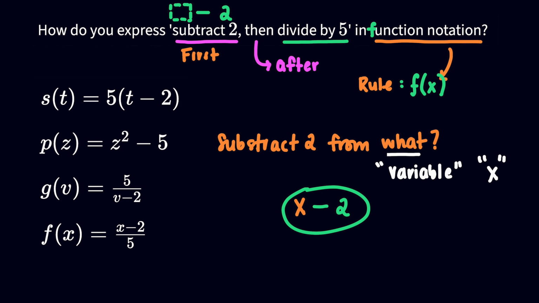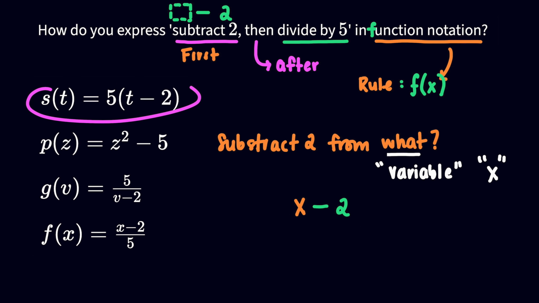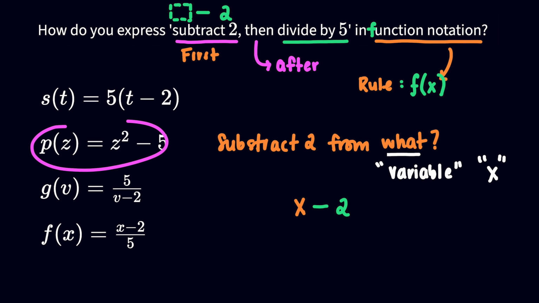So once we have that piece of information, go through your list and see if maybe we could cancel stuff out. For the top function, s of t, here is my variable t minus 2. So that's subtract by 2. Let's keep that one in. The next one, what is going on here?